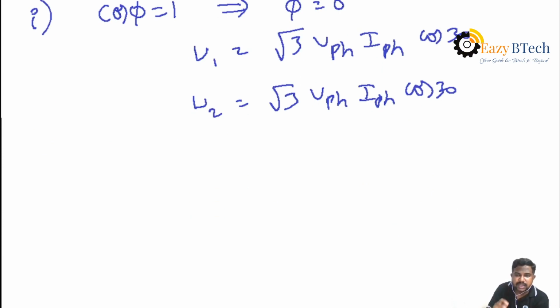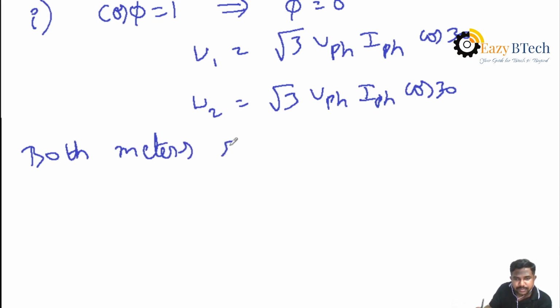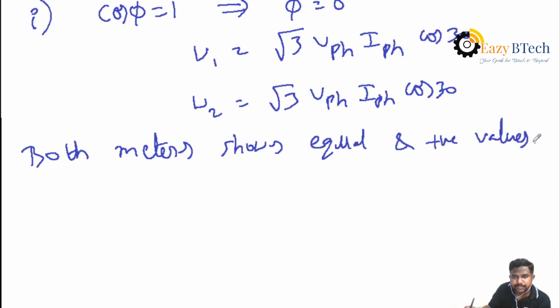That is, both readings are equal. What is the meaning here? That means both wattmeters show equal and positive values. Okay, so when the power factor angle is 0, that is unity power factor, both wattmeters give positive and equal values.